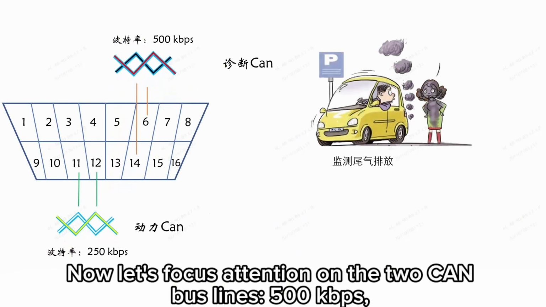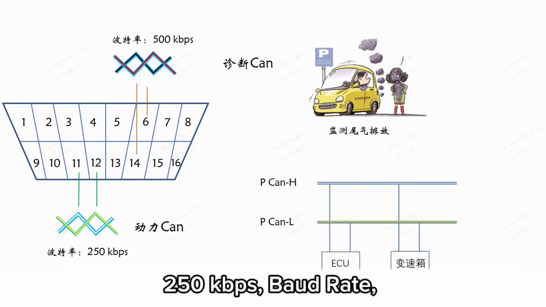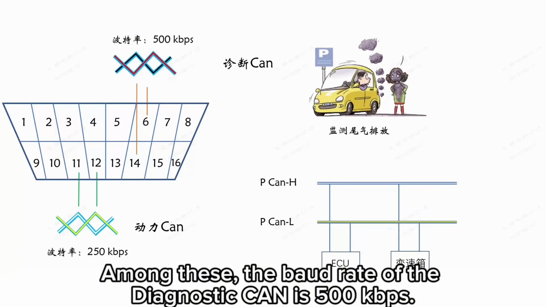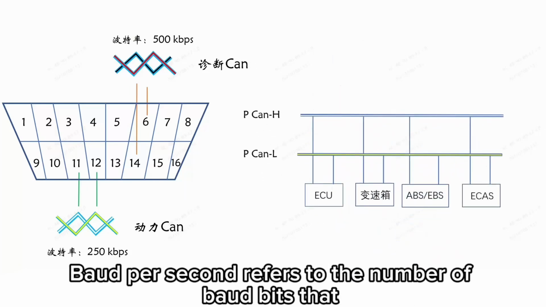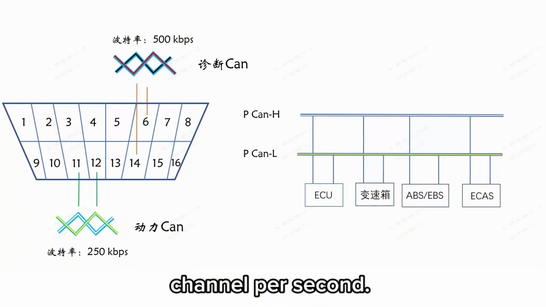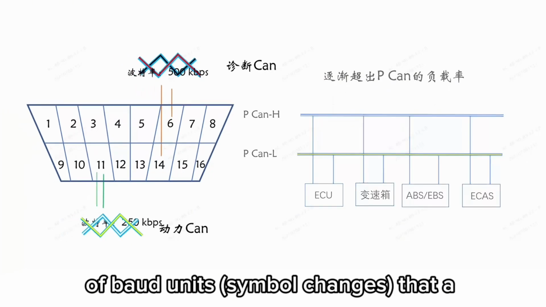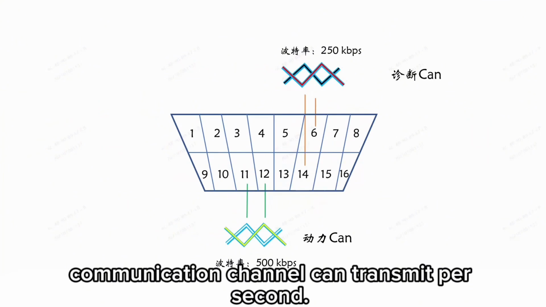Now let's focus attention on the 2 CAN bus lines. The baud rates are 500 kbps and 250 kbps. Among these, the baud rate of the diagnostic CAN is 500 kbps. The baud rate refers to the number of baud unit symbol changes that a communication channel can transmit per second.